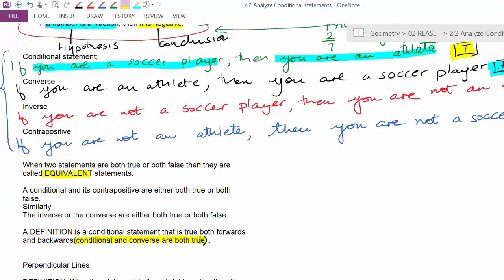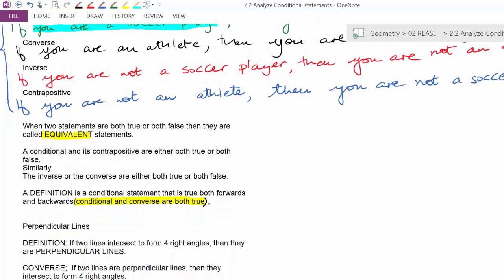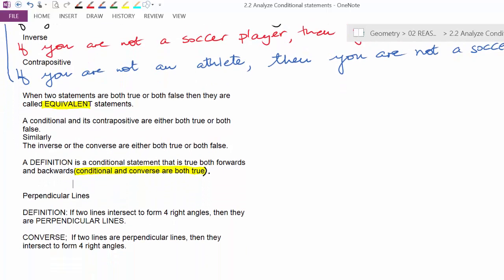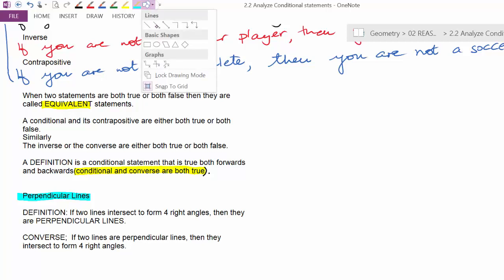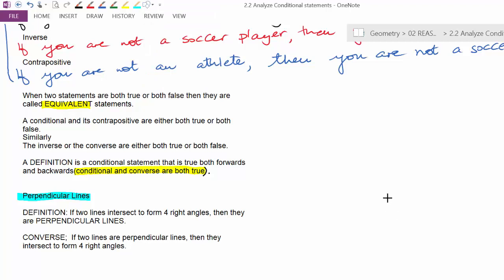So let's take a look at the following definition of perpendicular lines. Maybe we can draw a sketch to help us out. That's one perpendicular line, and it is intersected by another perpendicular line.